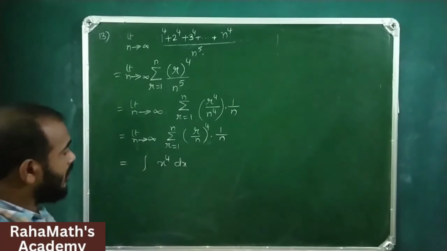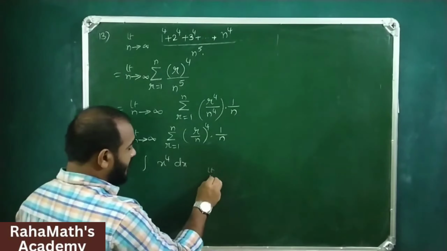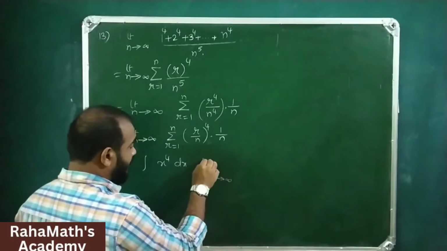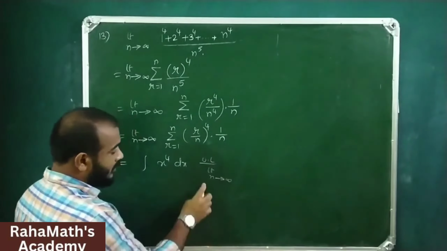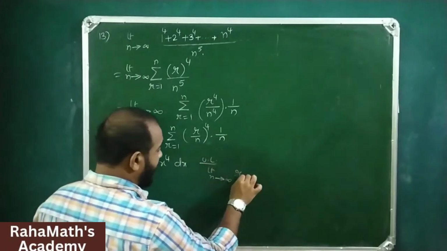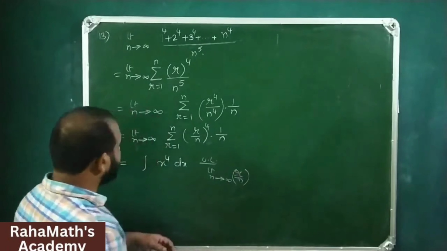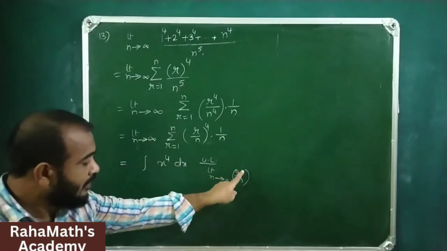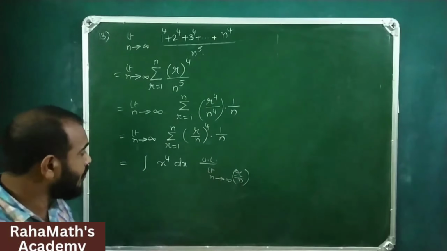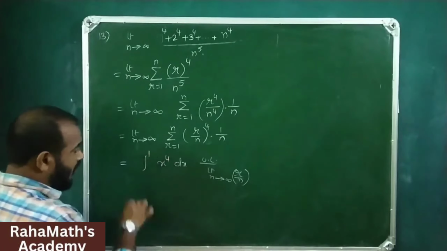So limit n tends to infinity, upper limit I am evaluating, r by n. So r value is n, n by n is 1. So the upper limit is 1.